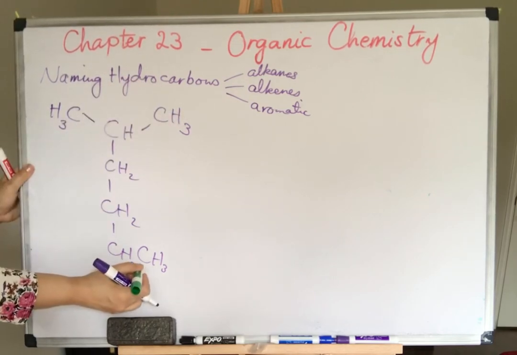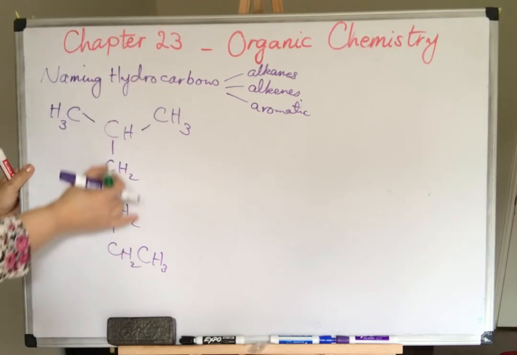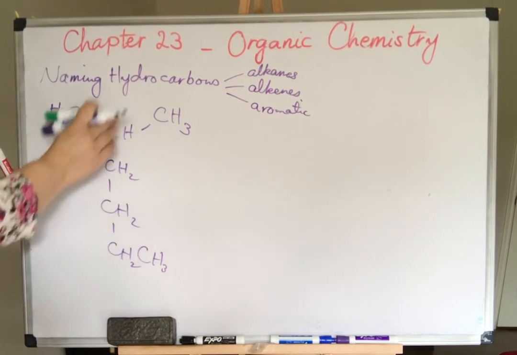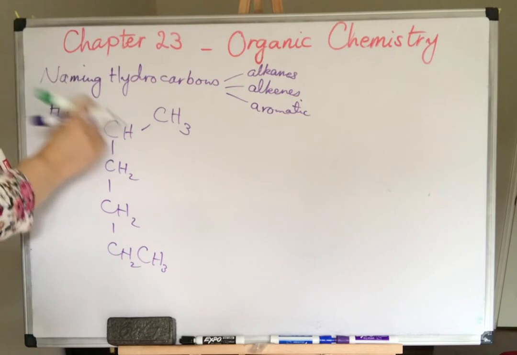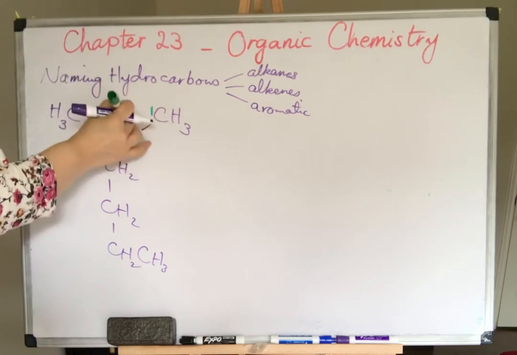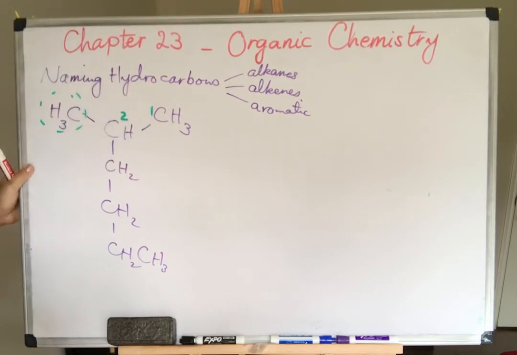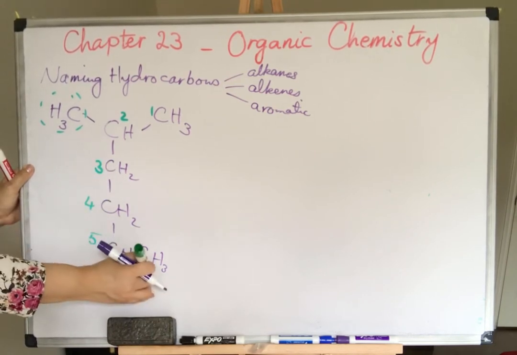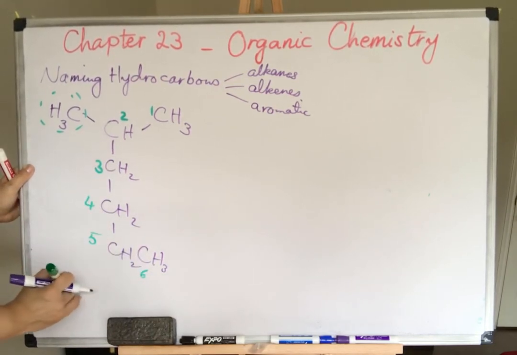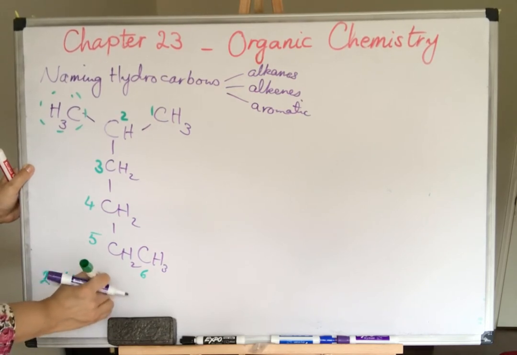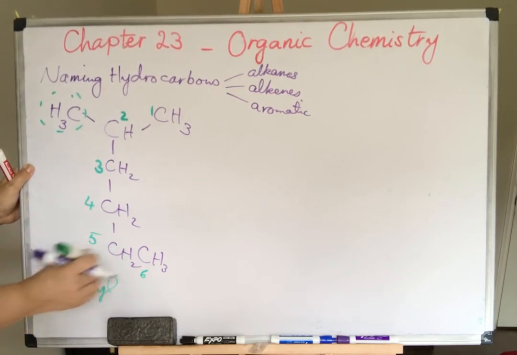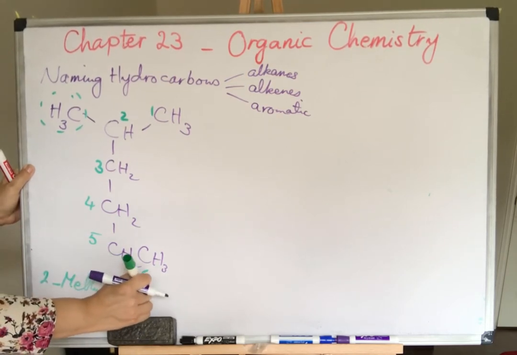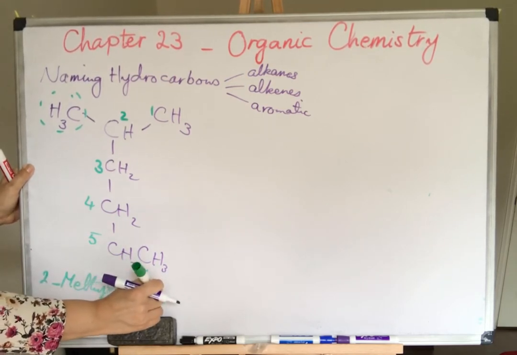So we go by 6, but should we go from top to the bottom or bottom to top? From top to bottom, because you have a methyl branch which falls on the second carbon. So you would say 2-methyl. And an alkane with 6 carbons is called hexane. Hexane, right?